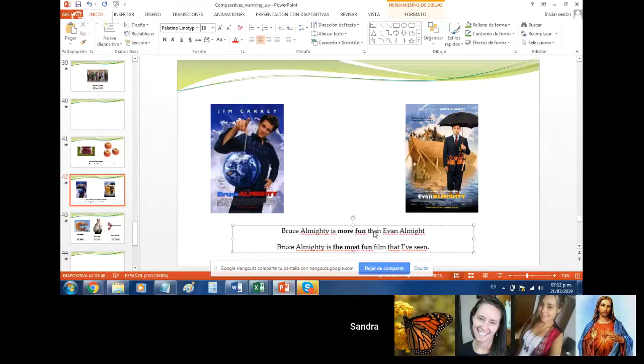However, in grammar, we can find this kind of structure, more fun or the most fun. Let's switch to Spanish. Aunque les había enviado en la infografía que fun podía decirse funniest or funnier, dependiendo de la forma superlativa o comparativa, nos podemos encontrar que en gramática también se utiliza more fun or the most fun.